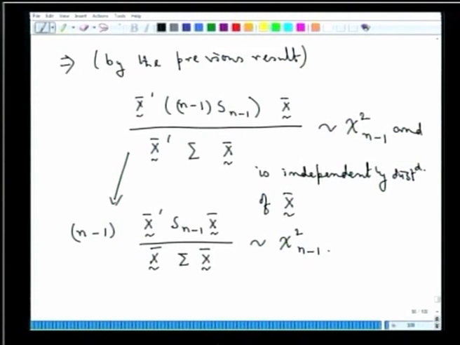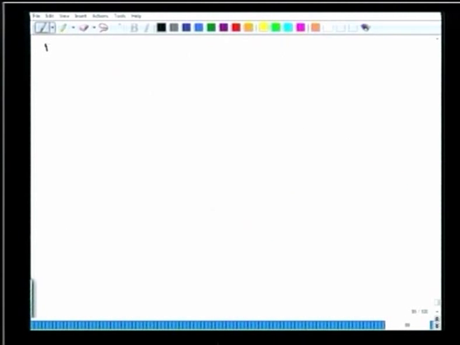Now the next that we are going to look at is Wishart partitioning. Partitions associated with Wishart distribution.